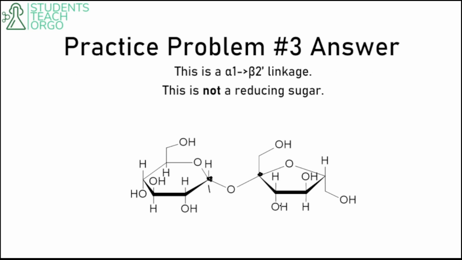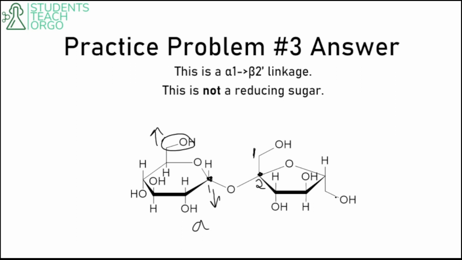However, we can number these carbons. So this is carbon 1. And this we are going to say is carbon 2. Now, why do we say that one's carbon 2? Well, in this case, we would say this is carbon 1 here. And this guy right here, this points up and this points down. So this is going to be your alpha.